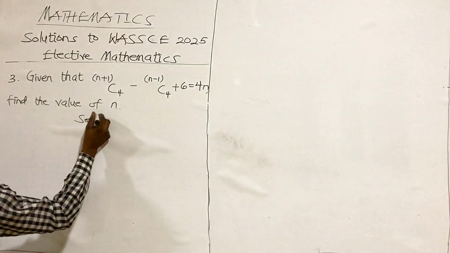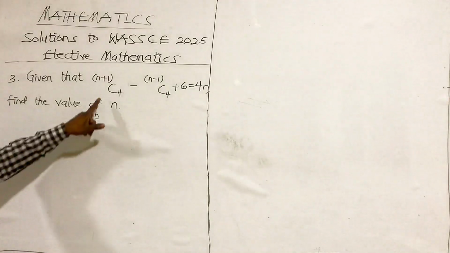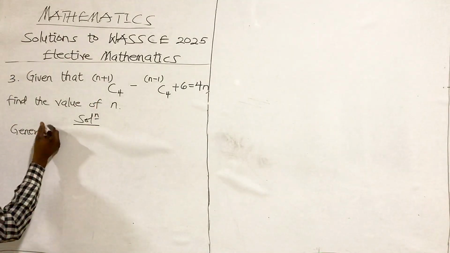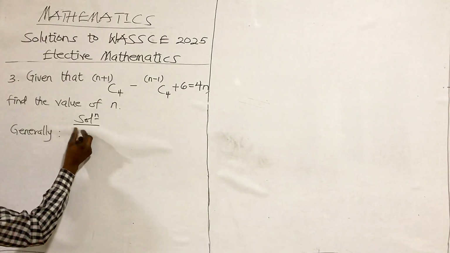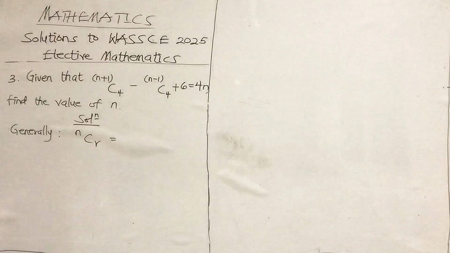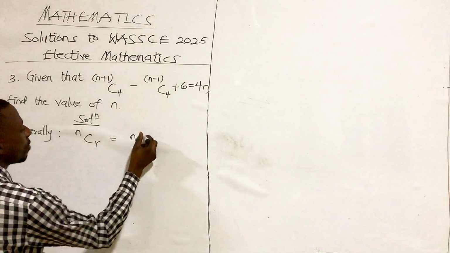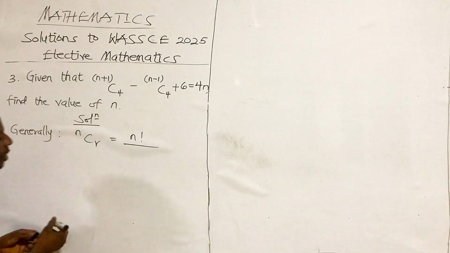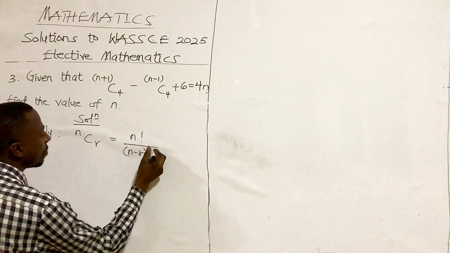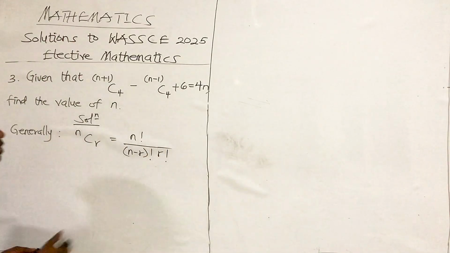All right. Generally, with combinations, n combination r, let's look at its definition. The definition is always n factorial all over n minus r factorial multiplying r factorial.